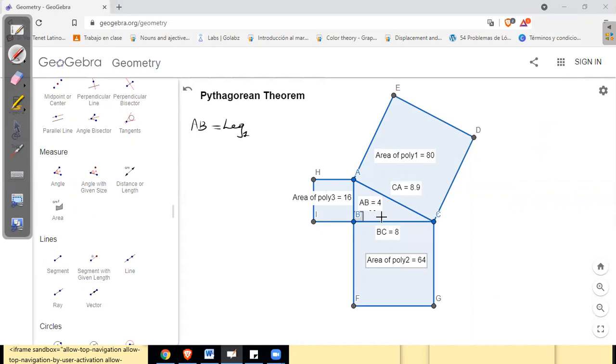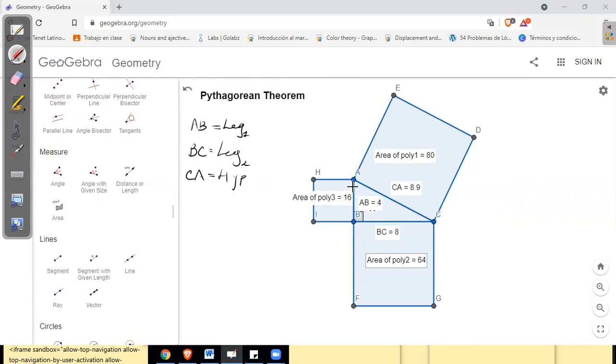Then BC is the leg 2. And then AC, or CA as you prefer, is the hypotenuse.